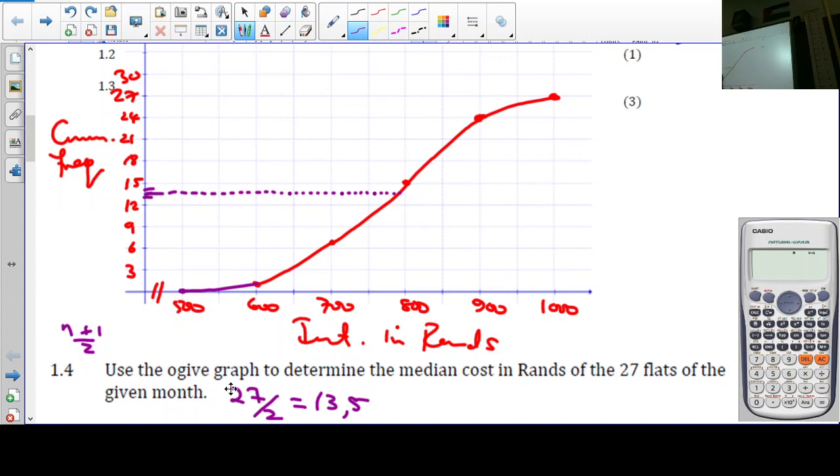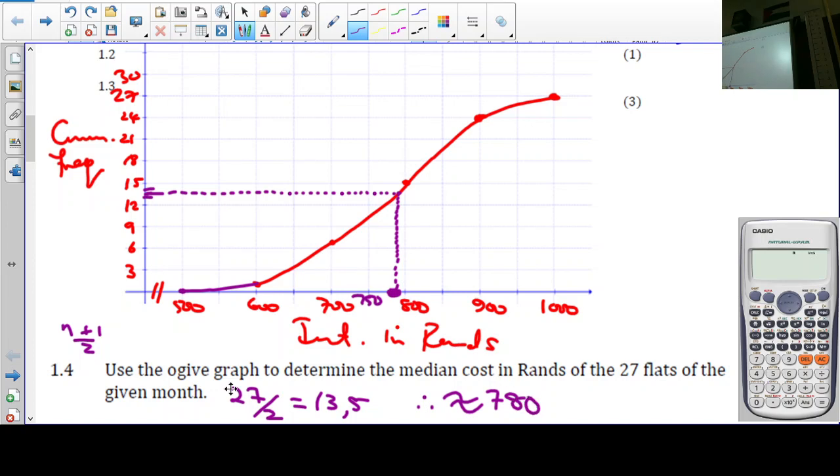So at first I draw a horizontal line, then a vertical line, perpendicular to your x-axis or parallel to your y-axis. Then I take the reading at this point as my median. By the looks of it, if that is 750, I would say that is about 780. So your median is approximately 780.